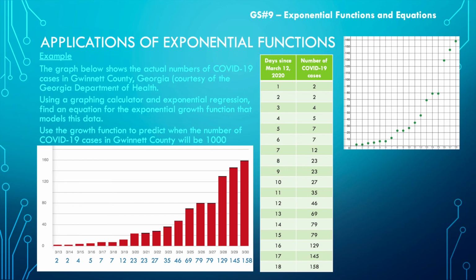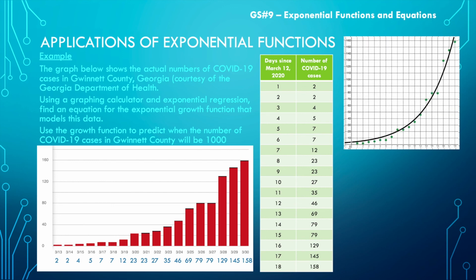So we're going to use an exponential regression, and we're going to use a times b to the x as our regression equation. And so when you put that in your technology, you're going to get this curve that looks pretty darn close to the curve of the data.